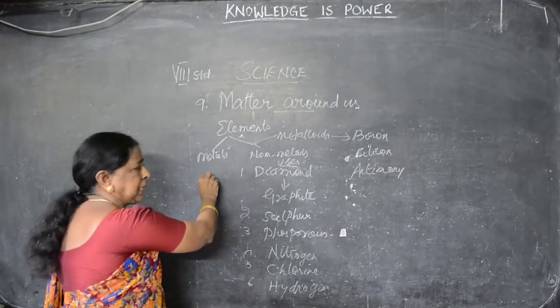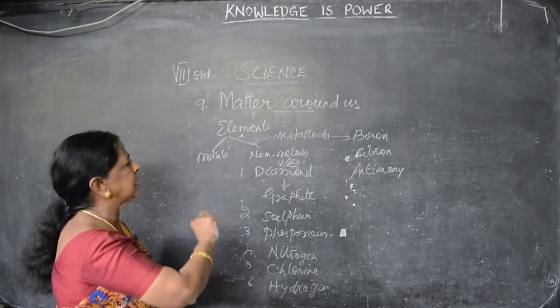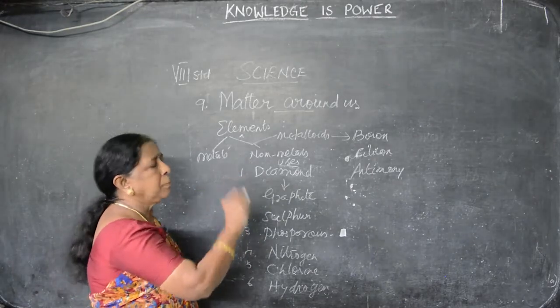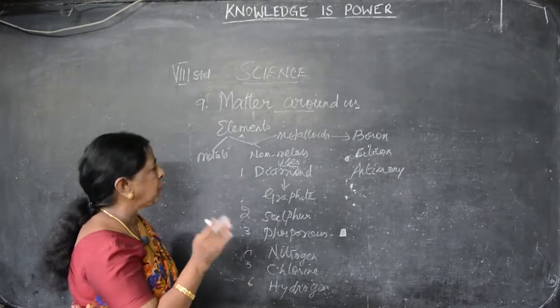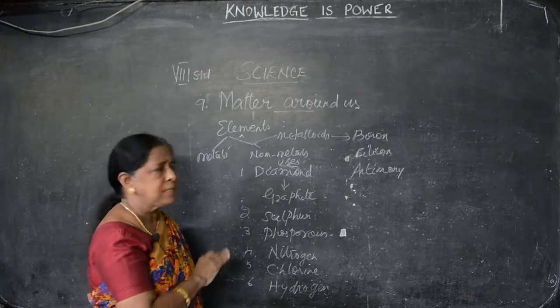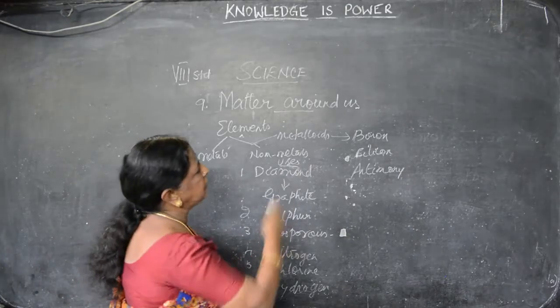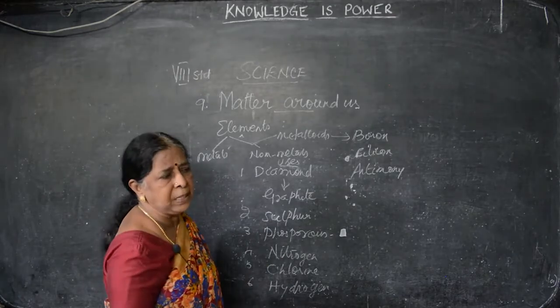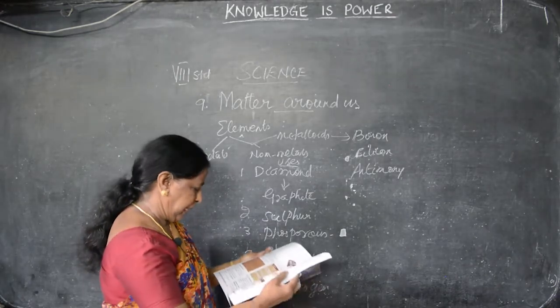Metals have some properties and uses that we have seen in the previous class. Non-metals have their own properties and uses, and metalloids have both metal properties as well as non-metal properties. For example, we have seen boron, silicon and antimony. They also play an important role in the field of chemistry.